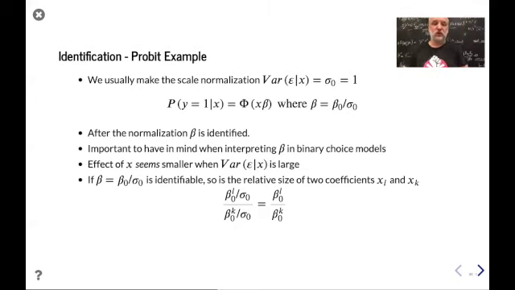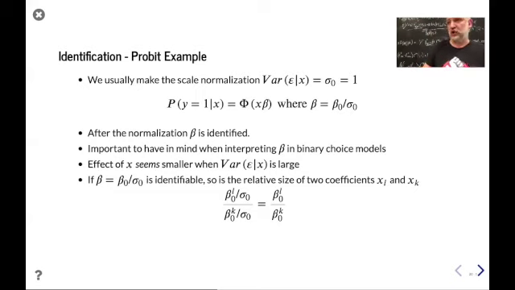So that's very important to keep in mind. It also means that it's not like the linear probability model where the size of the parameters says something about the magnitude of the effect. This is not the case here. A very, very small parameter could just mean that we have normalized with a very small variance. So you can't really interpret this.